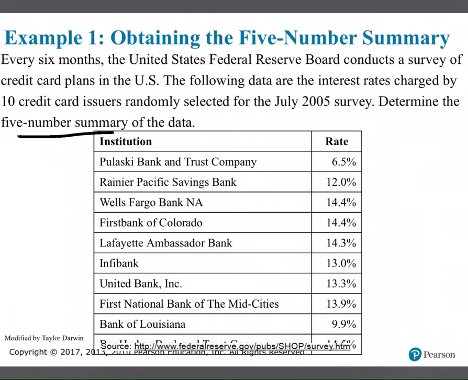Okay, so the first thing that you're going to want to do is put them in order. And also this number is 14.5. So go ahead and put them in order from smallest to largest. And I'm just going to give you this information, and you can verify that you did it correctly.